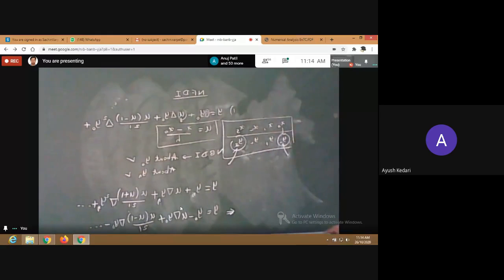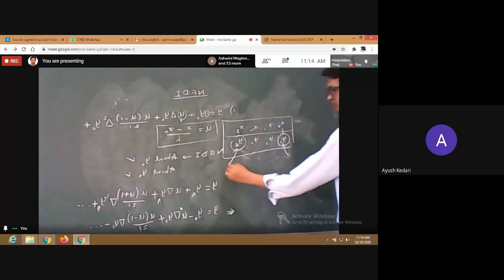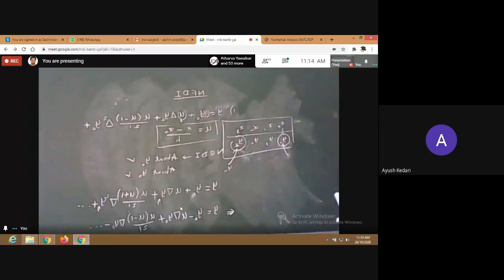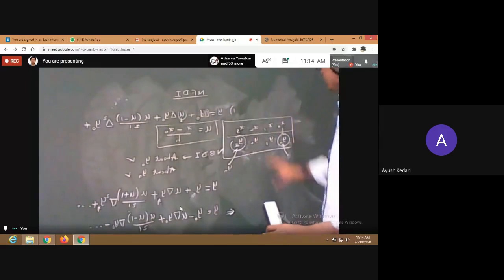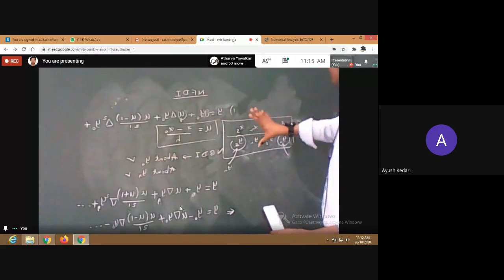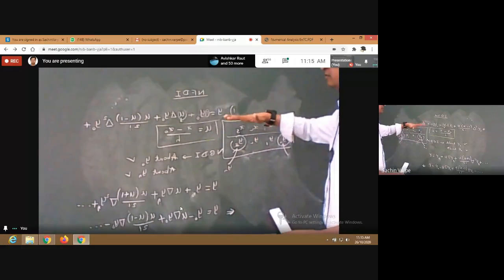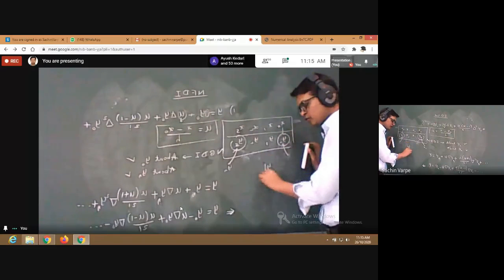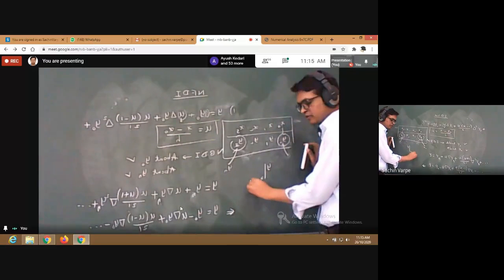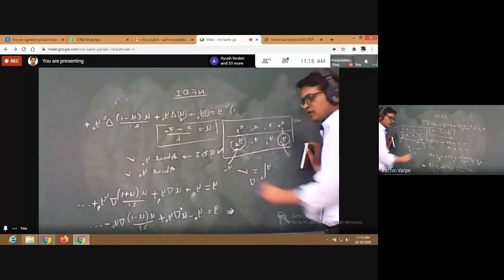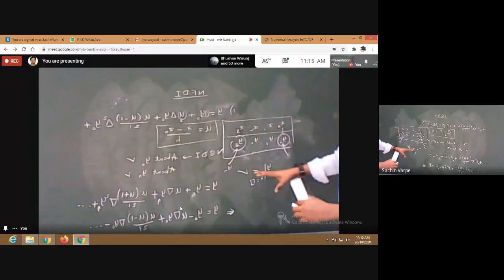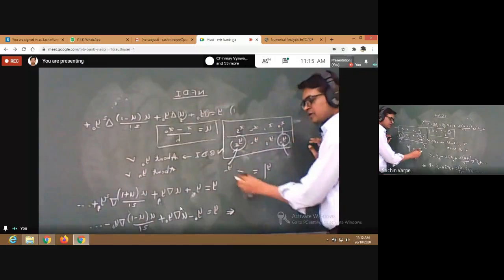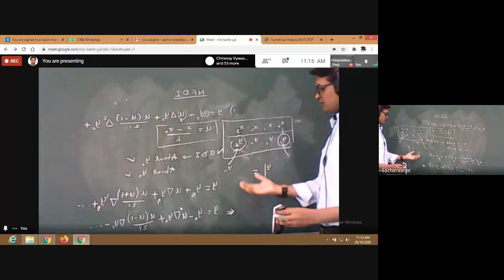Sir, as per which condition will we opt for the formulas in y0 and yn? So see, if the problem is to find the value of y corresponding to a given x, then there will be cases. But if this x is not given, then we don't have any restriction.